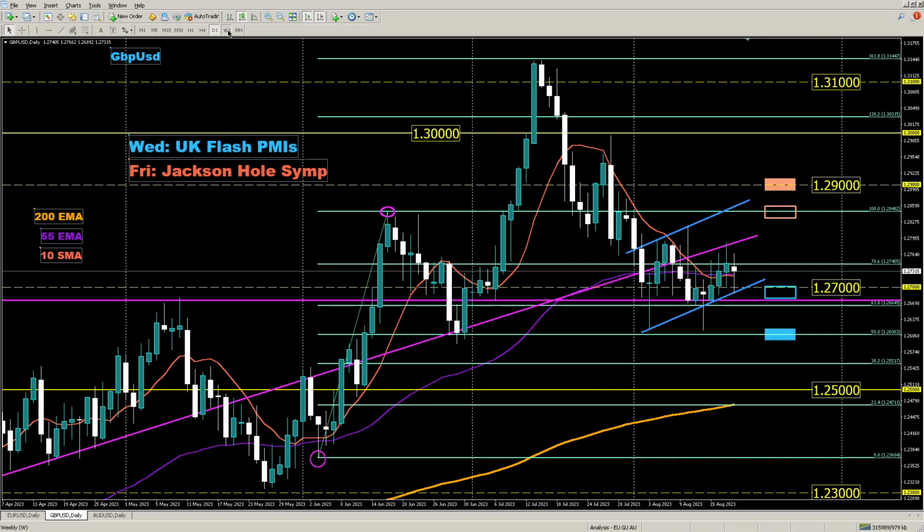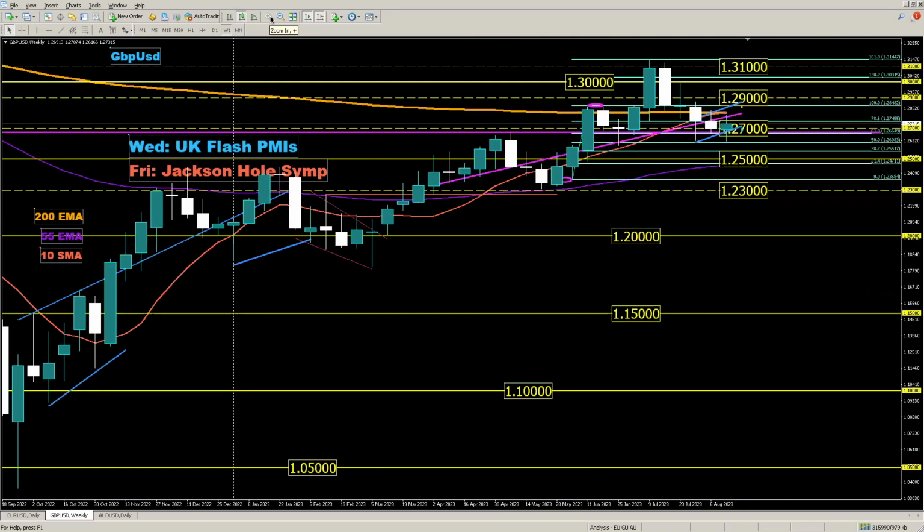Let's take a look on the weekly time frame. It closed as a spinning top for the week, a potential consolidation, and it is probably able to find support and climb up to test the trend line again.